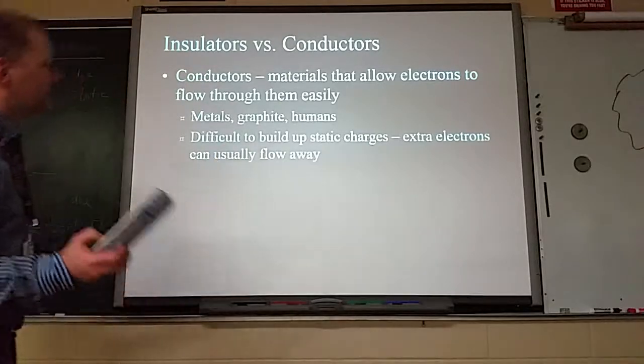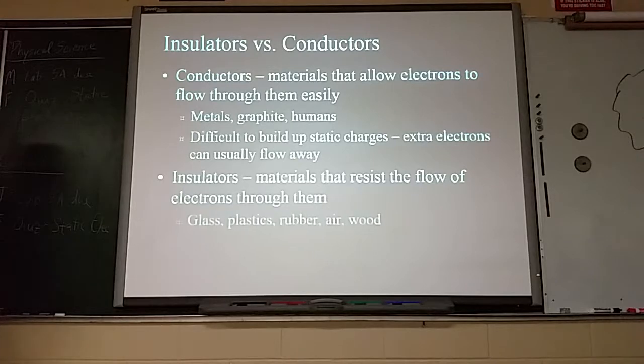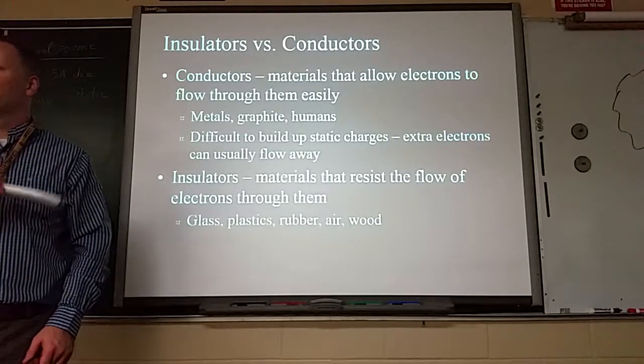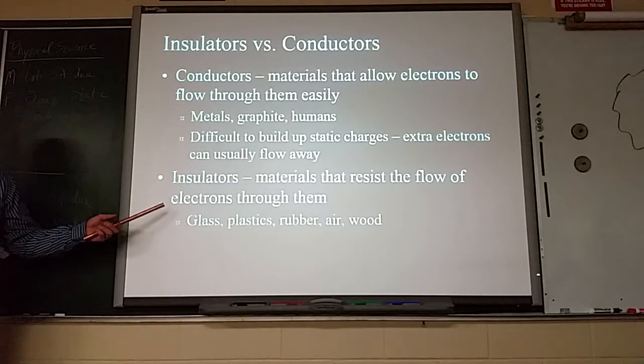So let's talk about how insulators work. Insulators are materials that resist the flow of electrons through them. You can't ever quite stop the flow of electrons, but you can make it very difficult. Things like plastic, glass, rubber, air, wood are all really good insulators because none of them allow electrons to flow through easily.